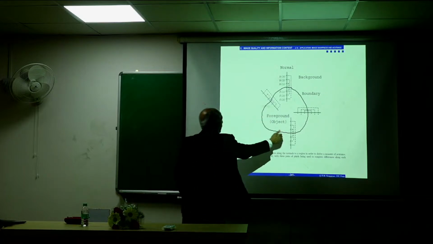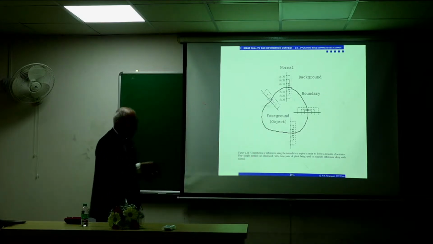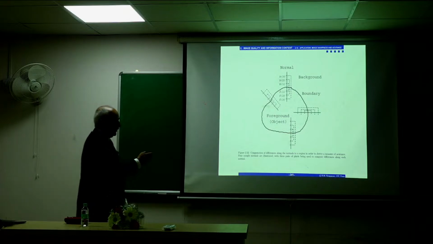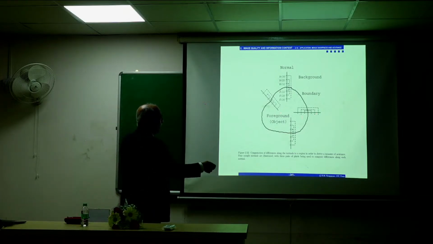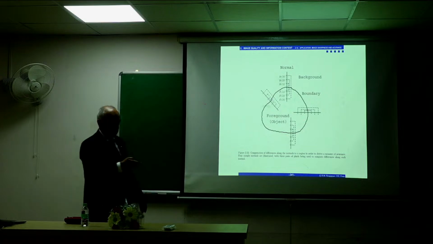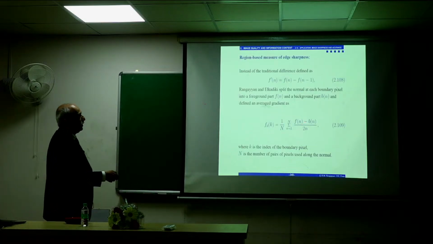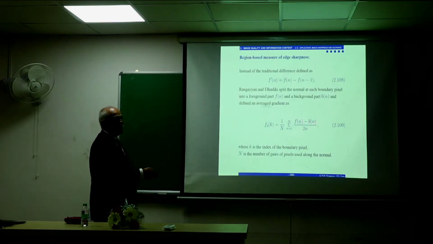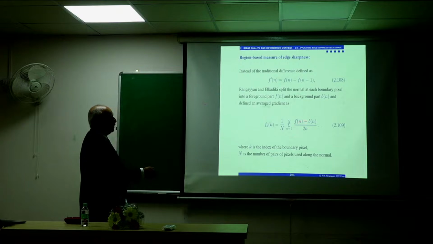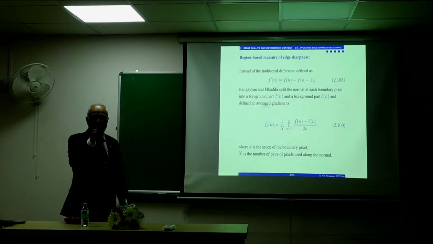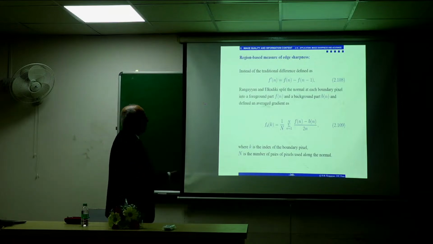And do that at every pixel all the way around. So there is averaging for each normal, and then there is averaging across the whole object. So that is Fn minus Bn, foreground minus background. And the distance between them for n is 2n, 2 pixels, one inside, one outside. And n going 1 to N, some number.